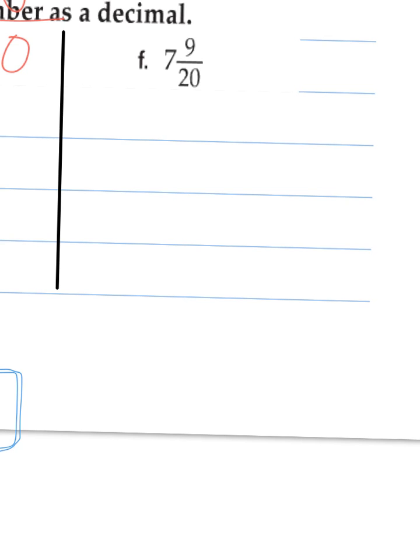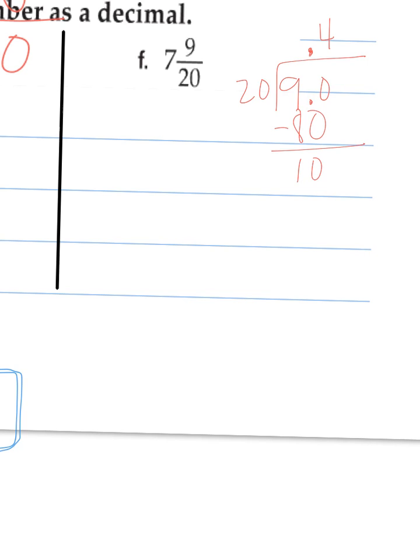7 9/20. Again, I'm not going to worry about my whole number right now. I'm just going to do my division. 20 can't go into 9, so I add my decimal and a 0. Make sure to bring the decimal straight up above. 20 fits into 90 4 times, which is 80.